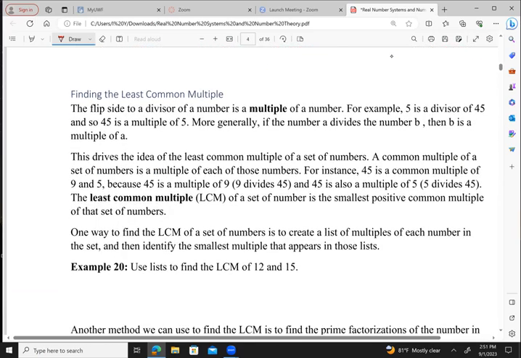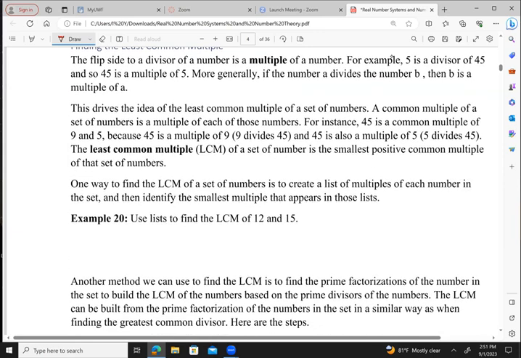Okay. Next, we talk about what's called a least common multiple. This is the flip side to a divisor of a number, which is the multiple of the number. For example, 5 is a divisor of 45, and so 45 is a multiple of 5. More generally, if the number A divides number B, then B is a multiple of A. This drives the idea of the least common multiple of a set of numbers.